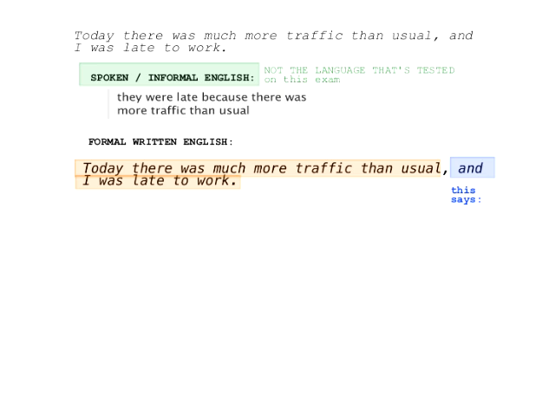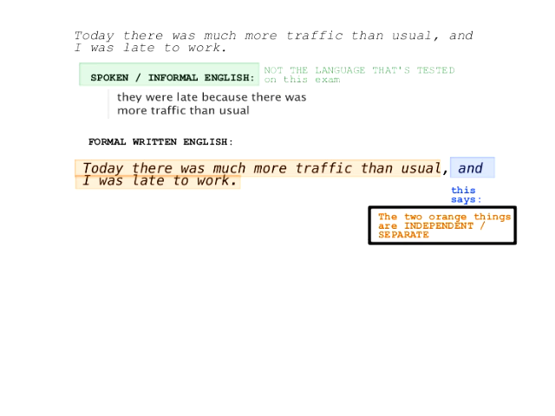The two orange things are independent or separate. This clashes a lot of the time with spoken language, though not always. A lot of the time we use it this way in spoken language too. But in spoken language, a lot of it rides on the listener's understanding and common sense interpretation, and a lot less of that is a thing in the written language.